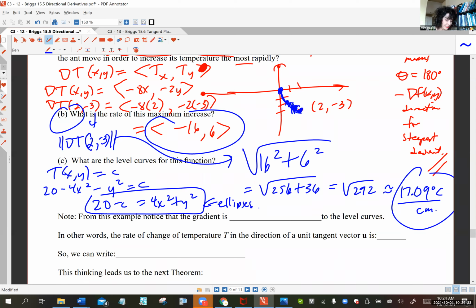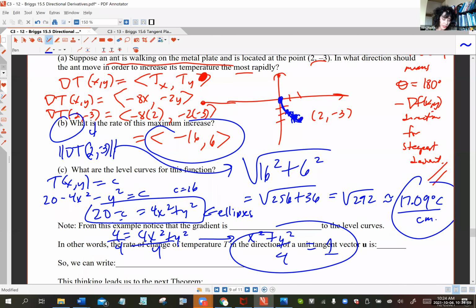So what does that mean? Like if you let c equal some number, your favorite number, I'm just going to make something up. Say c was 16. Then on the left-hand side, 20 minus 16 is 4. 4 is equal to 4x squared plus y squared. If you divide both sides by 4, so you could get the standard equation of an ellipse, you'll have x squared plus y squared over 4 equals 1.